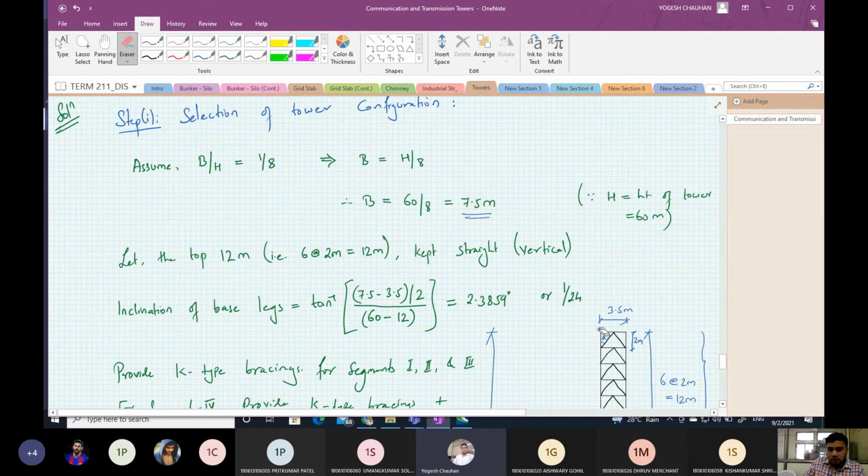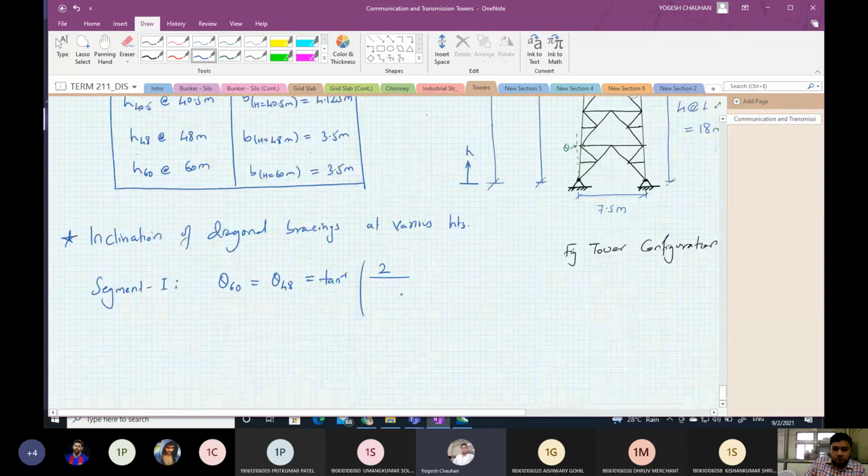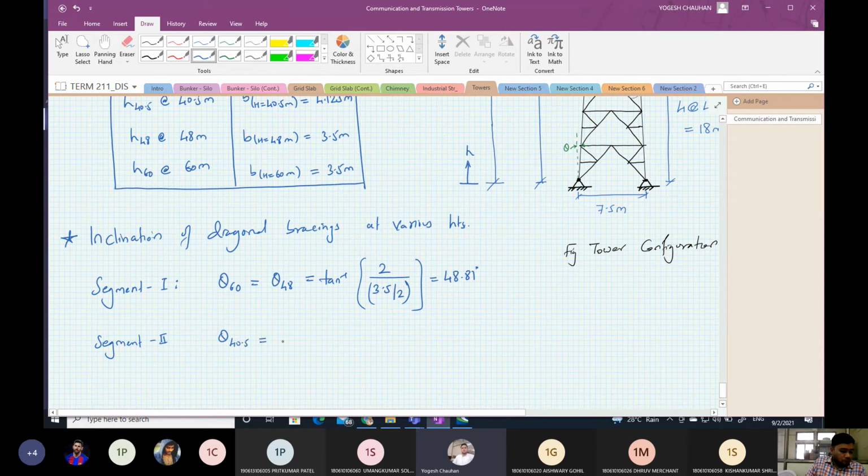That will be 3.5 by 2. So this will be 48.81 degree. Similarly, for segment 2, theta 40.5 will be equal to tan inverse.